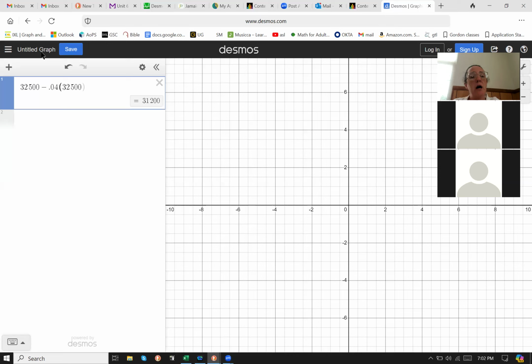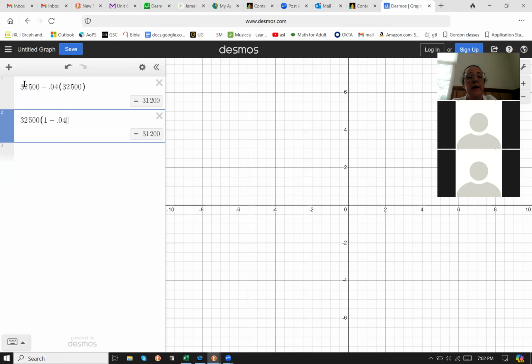But instead of doing that, what I want to do is factor out the 32,500 here so that it will look like 32,500 times 1 minus 0.04, which is really 0.96, and you can see it's the same amount.